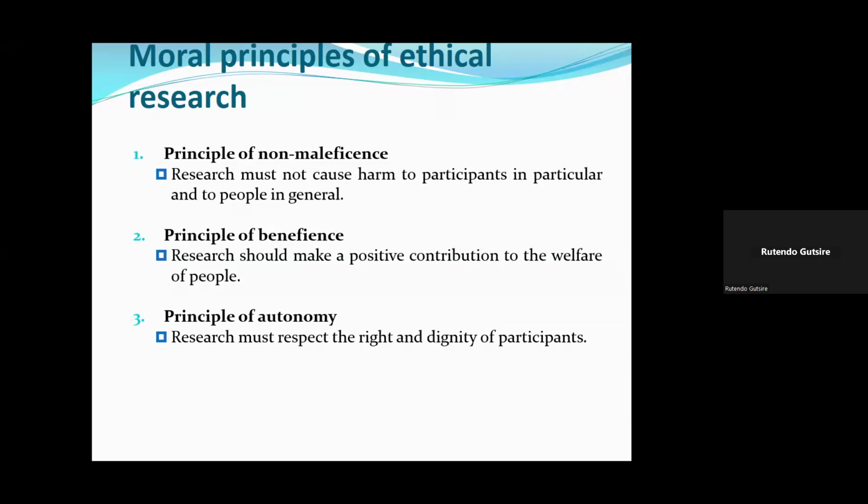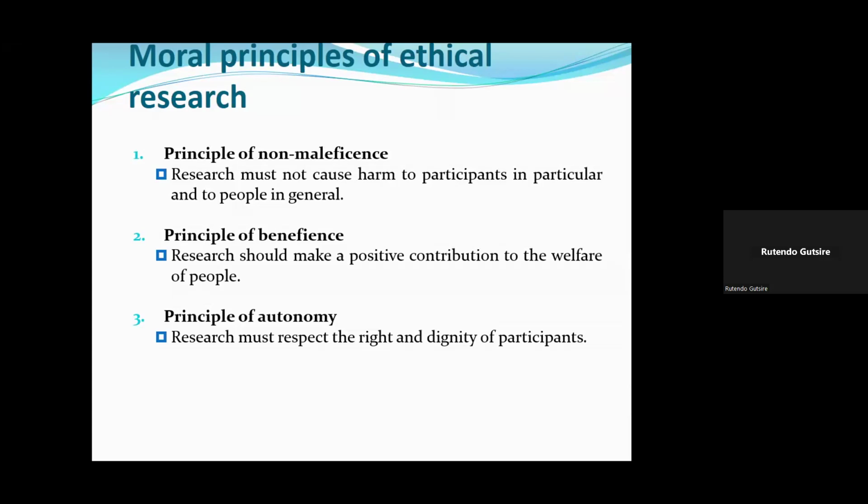You don't want to leave your participants in a worse off position than when you met them. You actually want to leave them in a better place. Principle of beneficence, research should make a positive contribution to the welfare of people. If it is research in COVID vaccines, the people who participate should actually benefit from that vaccine and be protected.